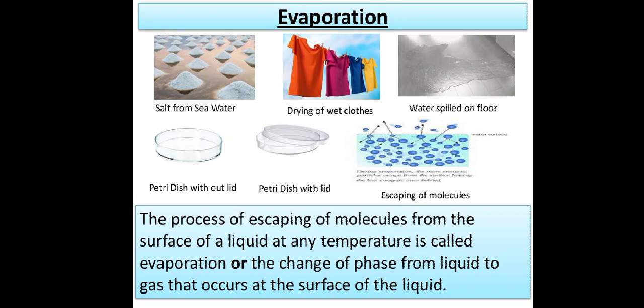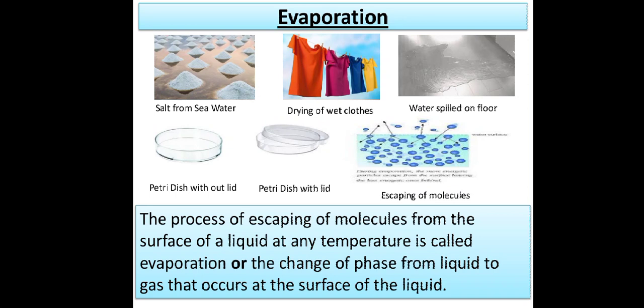So, when a liquid is exposed to air, the molecules on the top surface keep on escaping from the surface till the entire liquid disappears into air. This process is evaporation. Whereas the energy of the molecules inside the liquid decreases and they slow down.